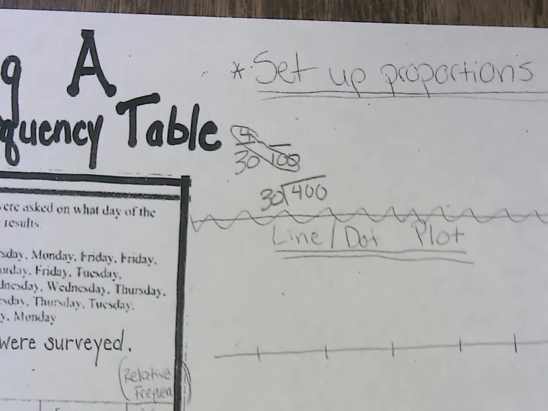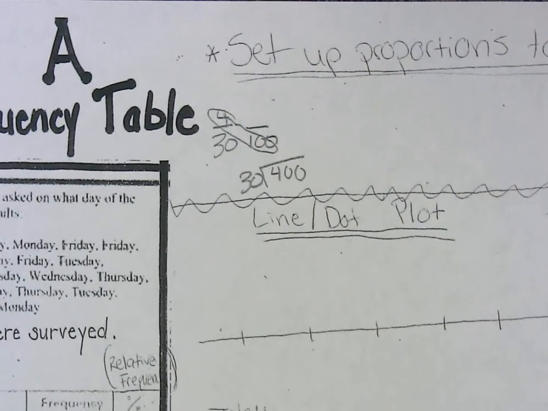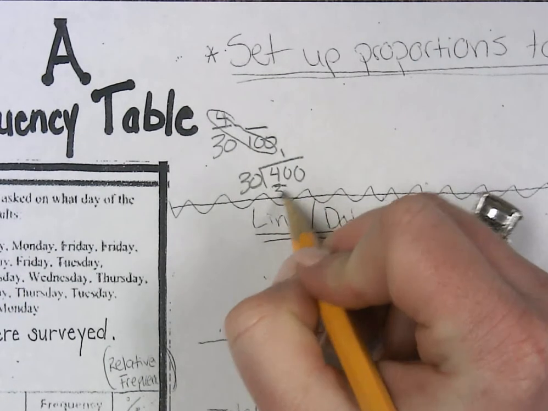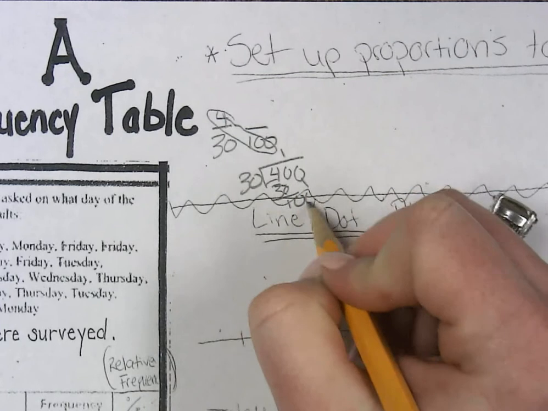So I'm going to give you a couple seconds, see what you can do with that. Obviously 30 goes into 40 one time. 1 times 30 is 30. Keep going, see what you get.